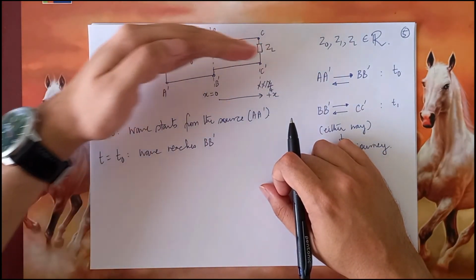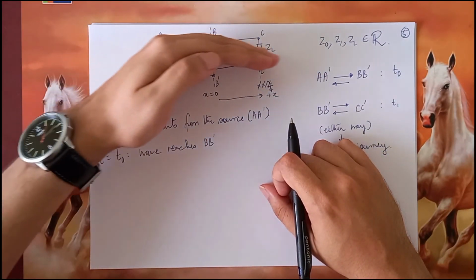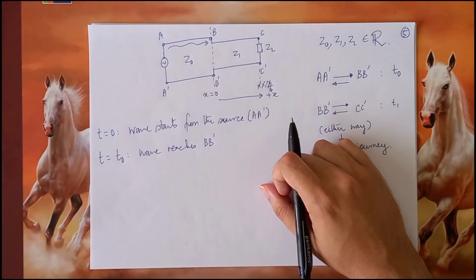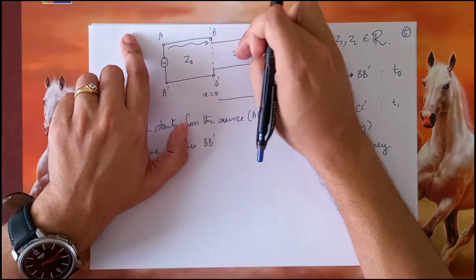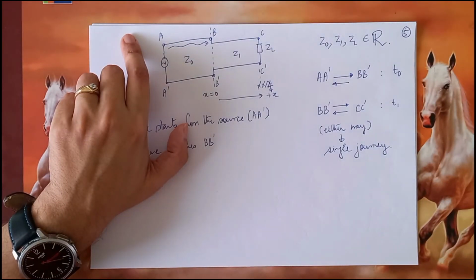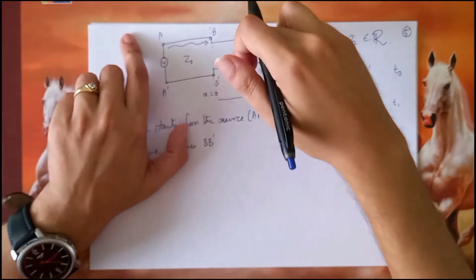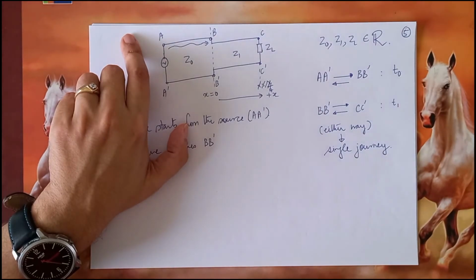So far it was traveling in a line of impedance Z0 and is now about to cross into Z1. So what will happen is, it will see an impedance Z1.